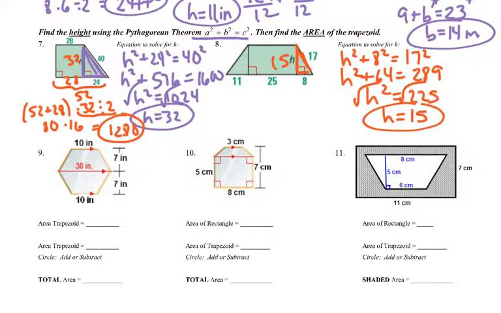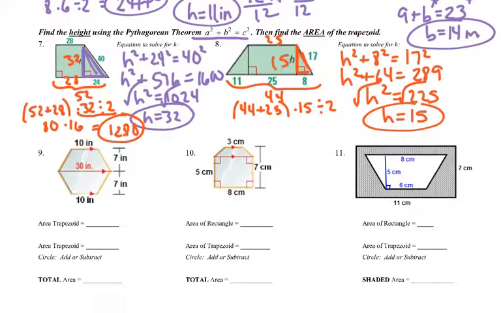So here I've got to add these up. 11 plus 25 plus 8 is 44. And then the other base was 25, right? So base plus base times height divided by 2. And sometimes you just want to write that all in your calculator at once, right? Times 15 divided by 2.